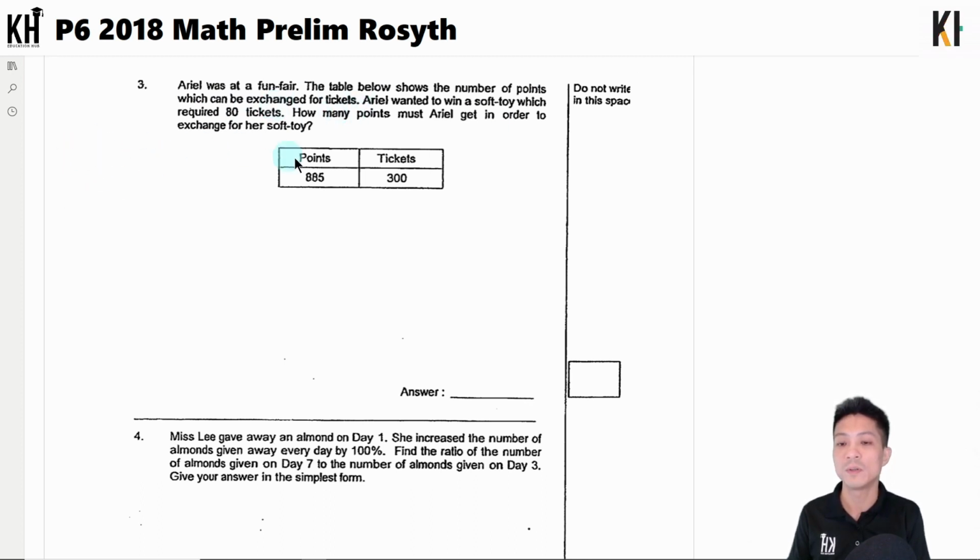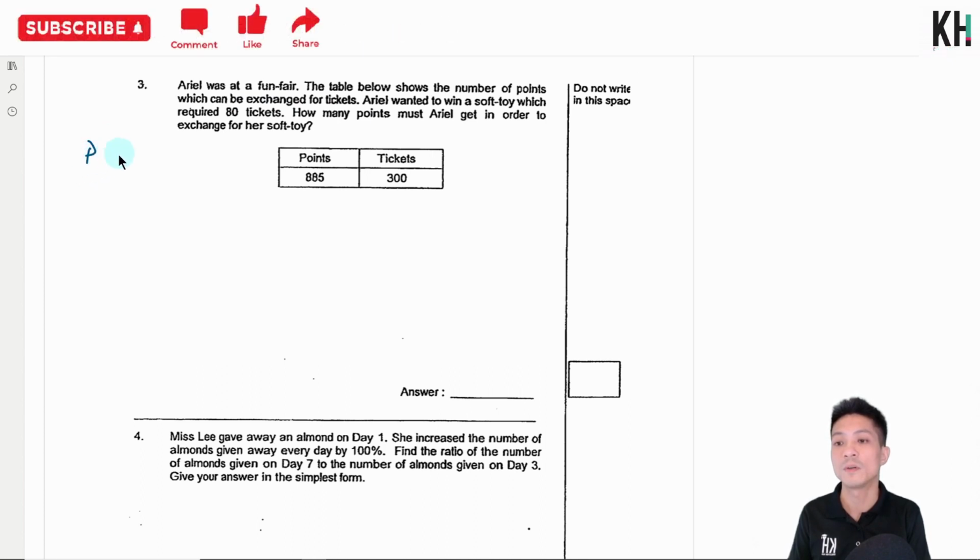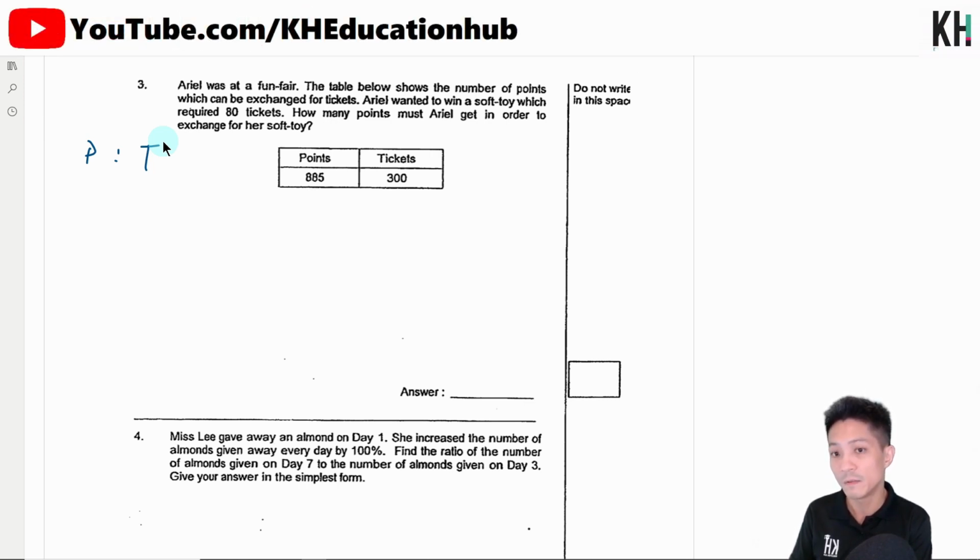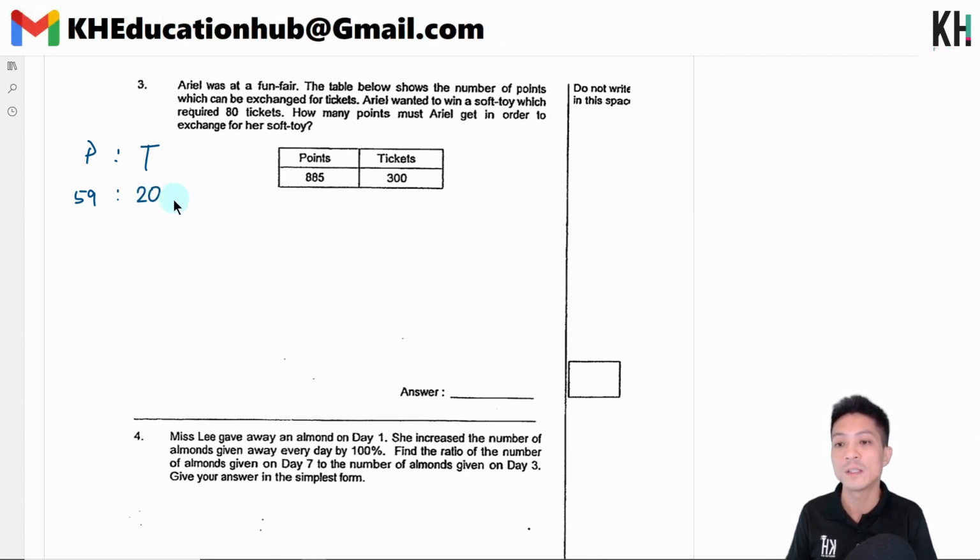So points, this is something like the ratio, so points to tickets, right? If I change it to simplest form, you can use your calculator to key in the fraction 300 over 885. It's going to give you 59 points required to exchange for 20 tickets.